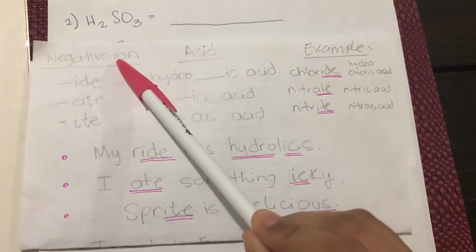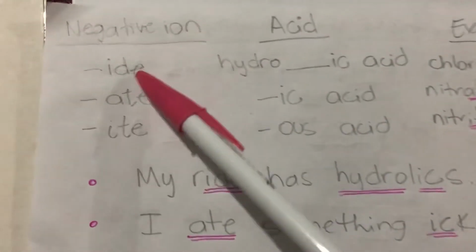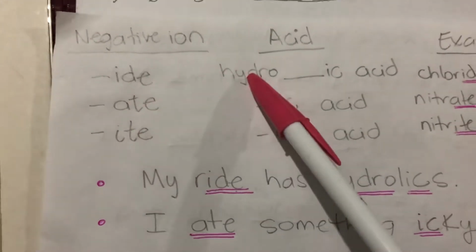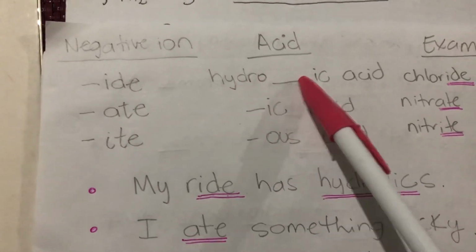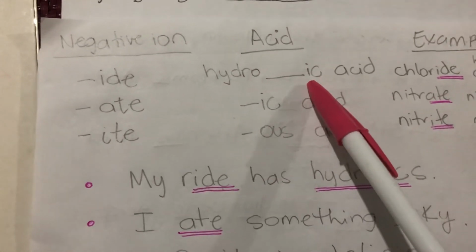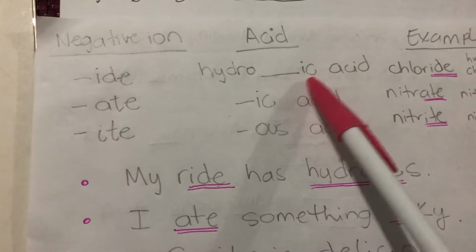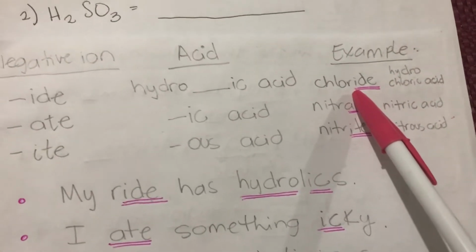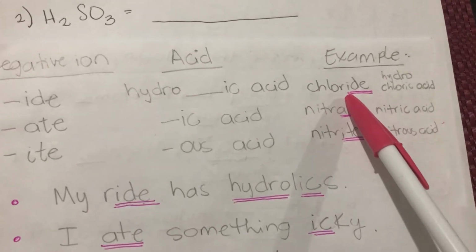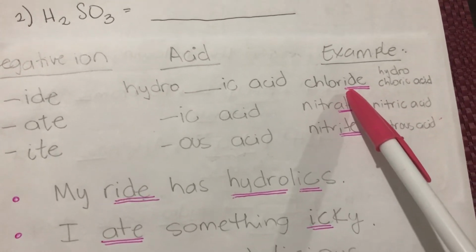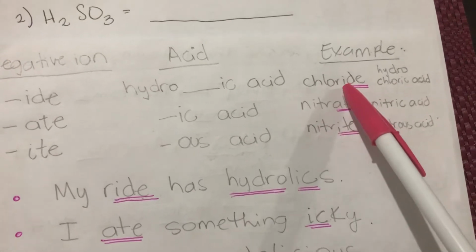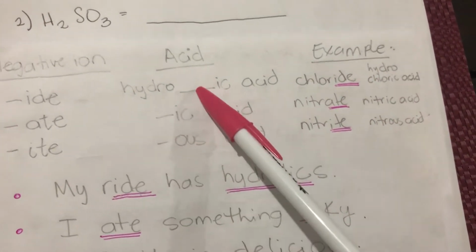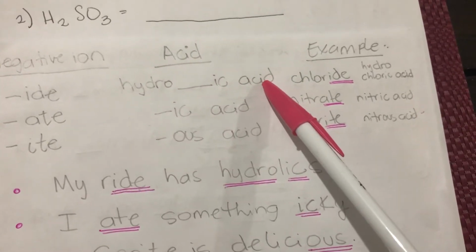If we have a negative ion that ends with IDE, I'm going to replace it using hydro, the name of the element, changing the ending to ic, acid. Example, chloride is the negative ion of chlorine. I change the IDE and it will be called hydrochloric acid.